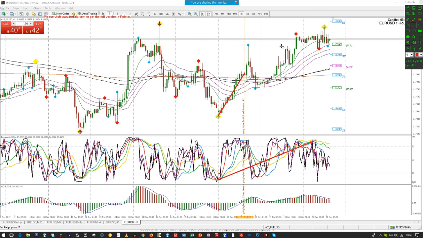I'm not sure exactly where this appeared and how many times it's moved to the right, but there's our yellow semaphore. So that is an absolutely perfect example of how, using the bungee and the semaphores, we can predict where the market's going, with a very high probability of success.